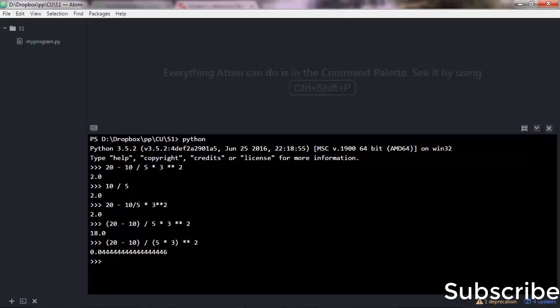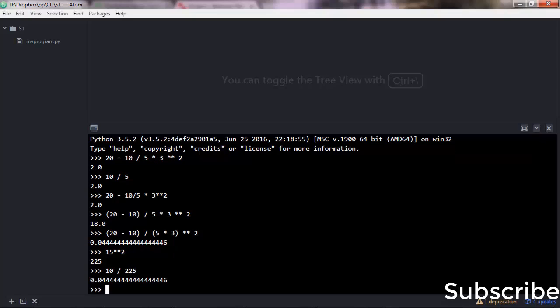Yeah, we got that. So let's see if I was right. 15 in the power of 2, we get 225, and then we got 10 on the other side, so 10 divided by 225, we get that number. So whenever you want to change the order of operators, you should use brackets.